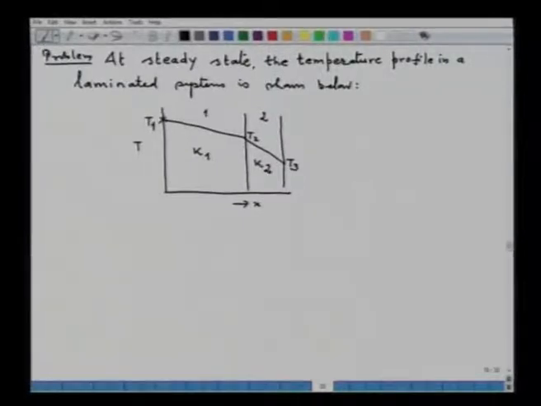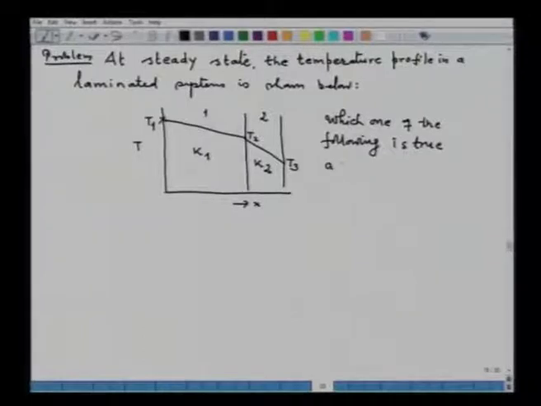Now, which one of the following statements is true?